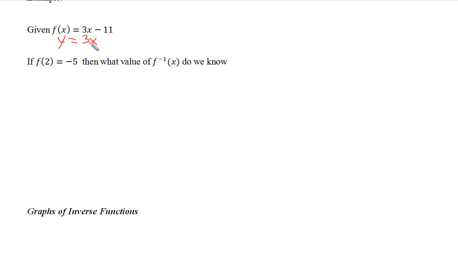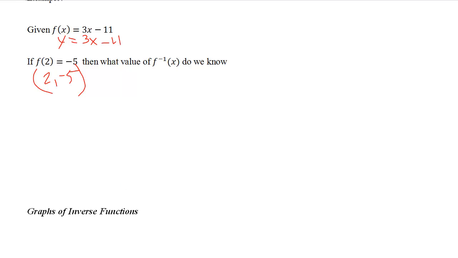This just makes it easier for us visually to see the swapping of x and y. So if I have this function and f(2) equals -5, when you plug in 2 here, you get 6, and 6 minus 11 is -5. So this is actually a coordinate, (2, -5). I put in an input of 2 for x, and I get out -5. So that's my relation there, the coordinate on this function.